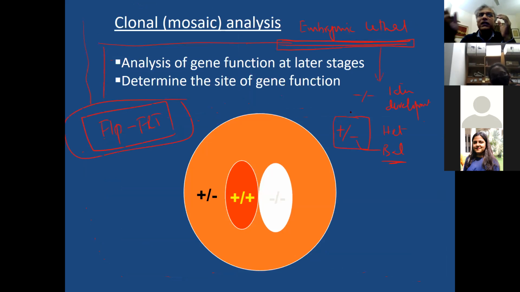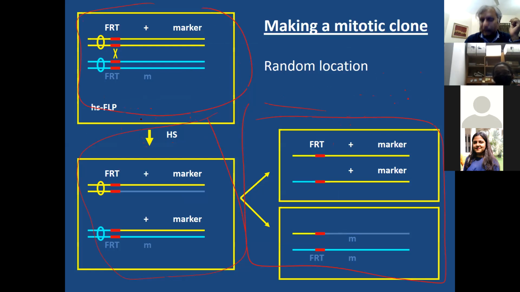But playing with this flip FRT, so flip is recombinase, FRT are the sites where flip acts, and you can generate what we call mosaics or somatic clones. This involves mitotic recombination.